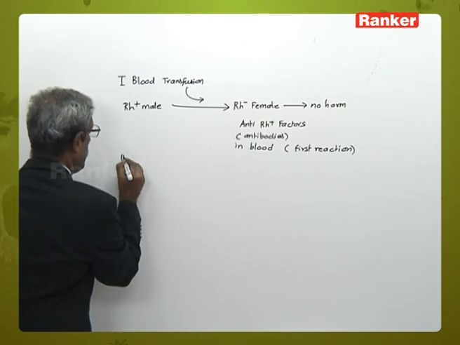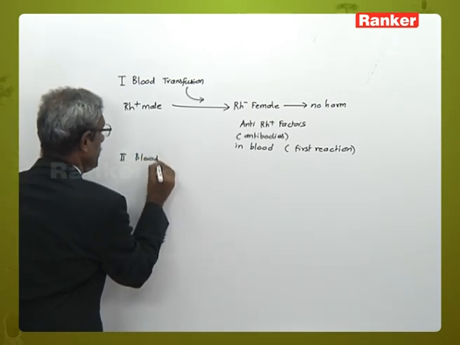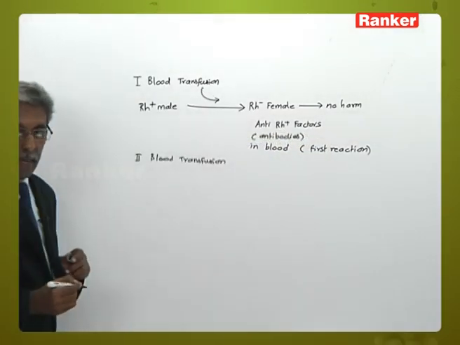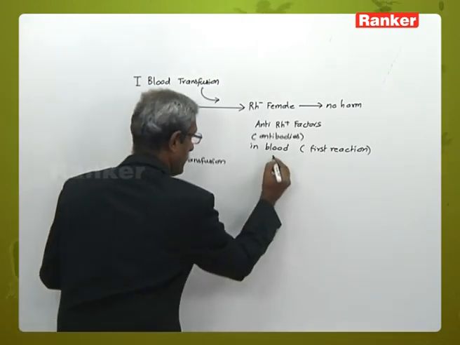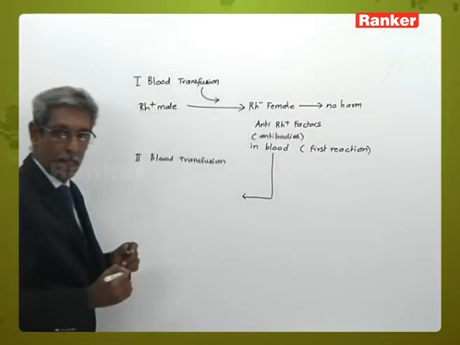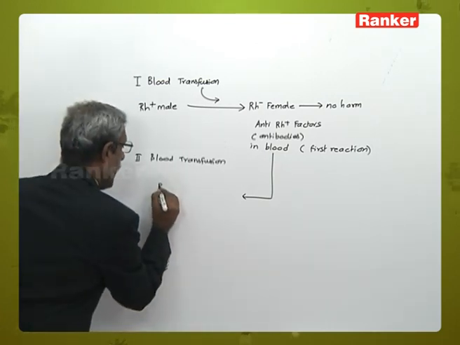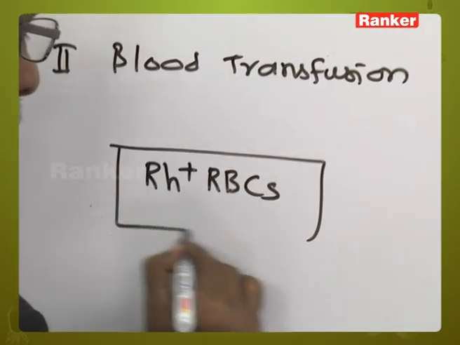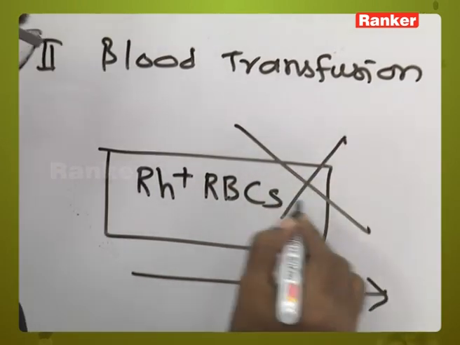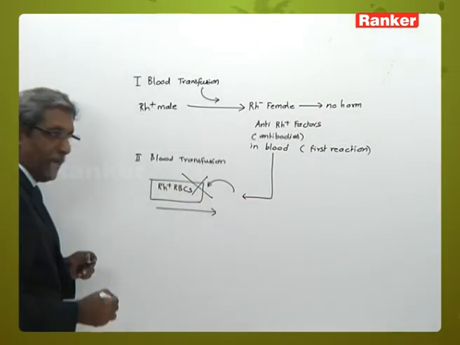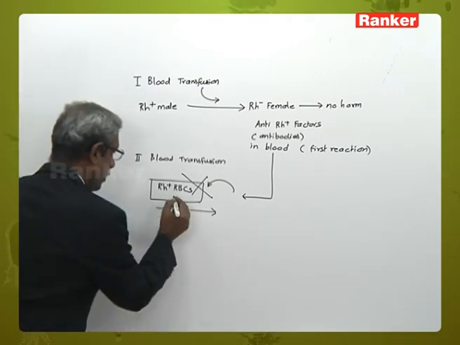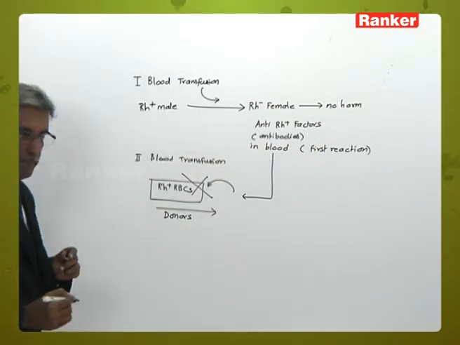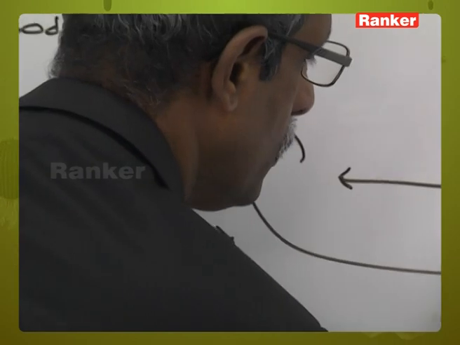During the second blood transfusion, that is when the individual gets the transfusion the second time, the antibodies destroy the Rh plus RBCs which enter in, of the donors, and thereby it leads to lethality.